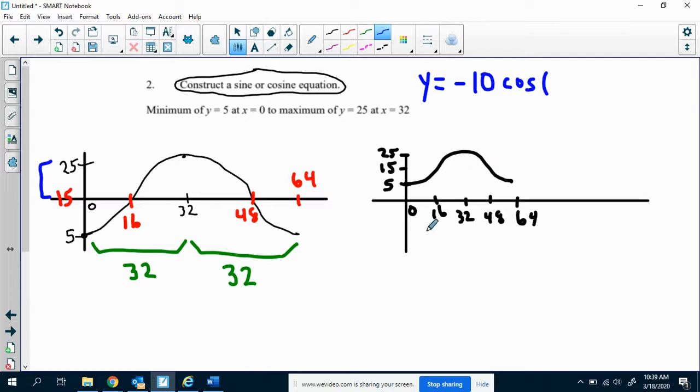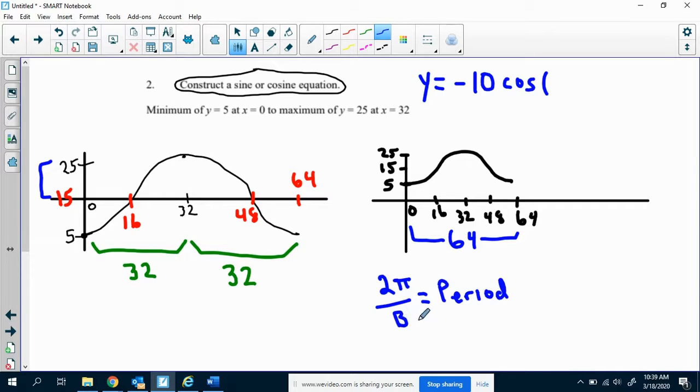And then now my job is to figure out b. B is usually the hardest thing to figure out. So since from start to finish, a period is 64, and I know that 2 pi over b equals the period, what I can also do is use algebra to solve for b.